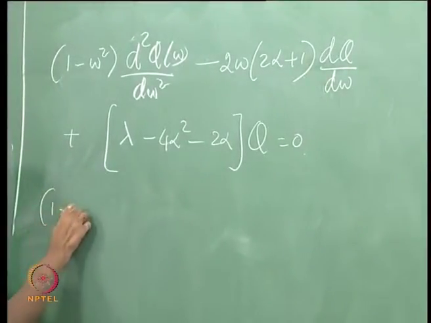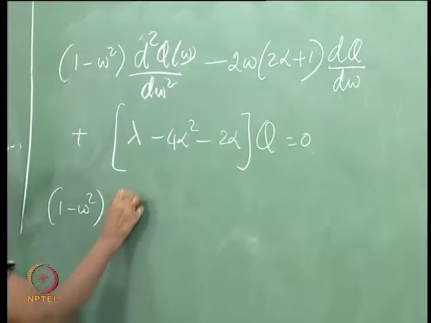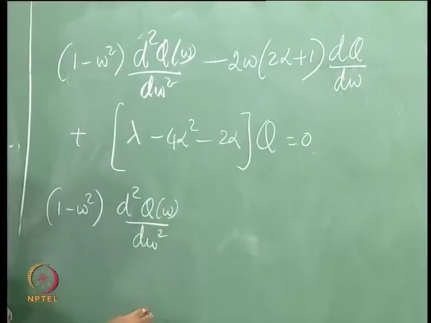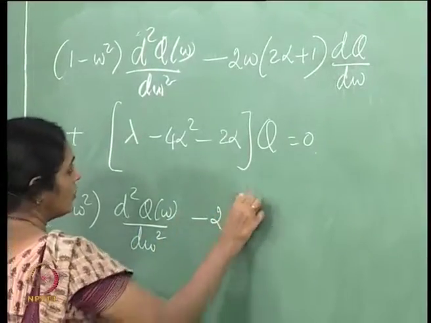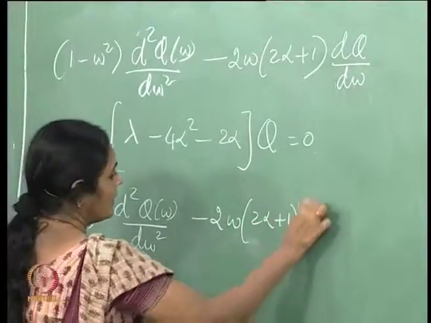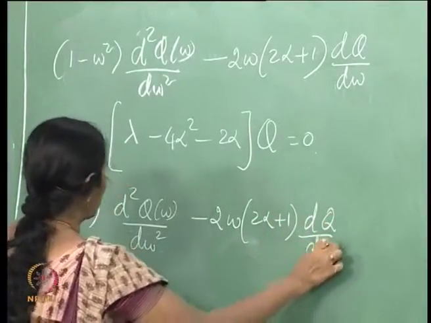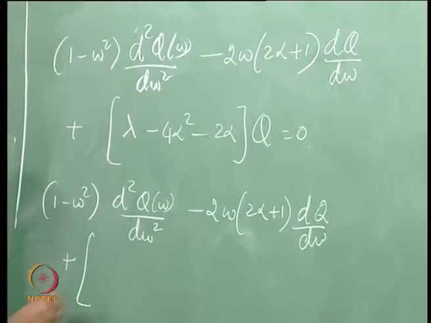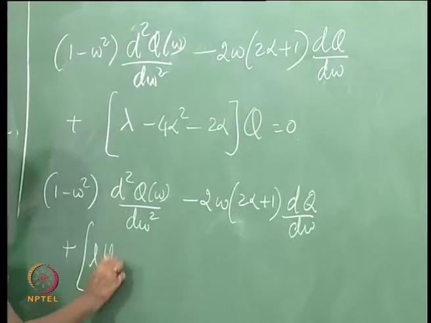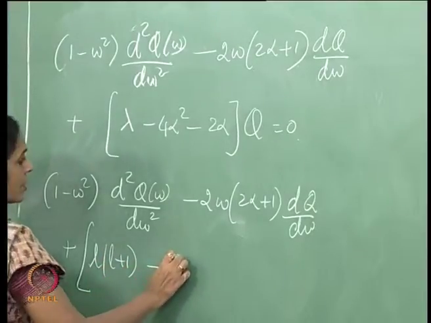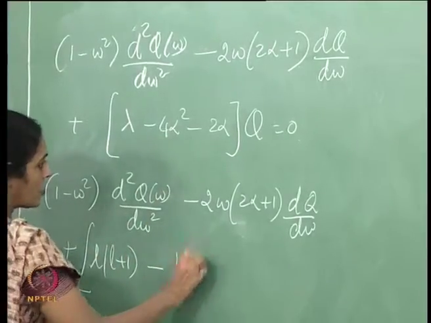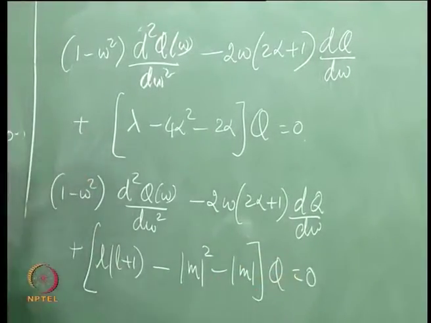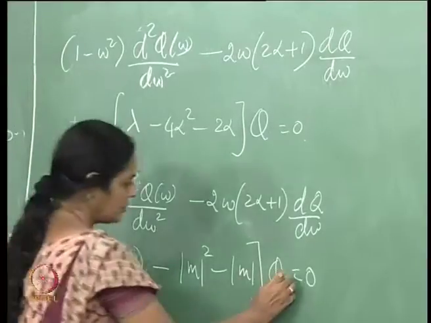So in terms of m, which is what I will write now, I have d2q of w by dw squared minus 2w times 2 alpha plus 1 dq by dw plus lambda, which is L times L plus 1, minus 4 alpha squared, which is mod m squared, 2 alpha is mod m, q of w is equal to 0.